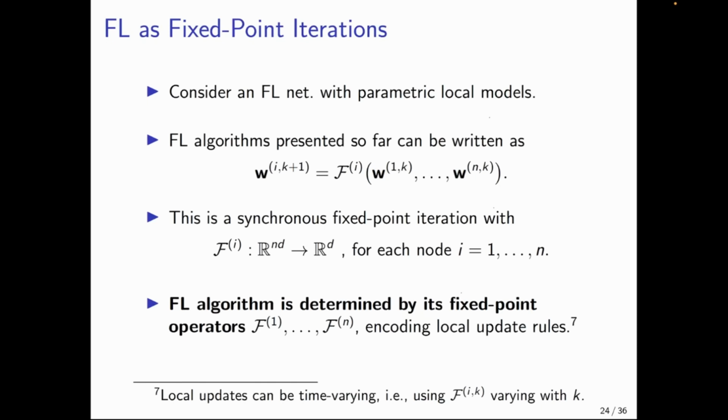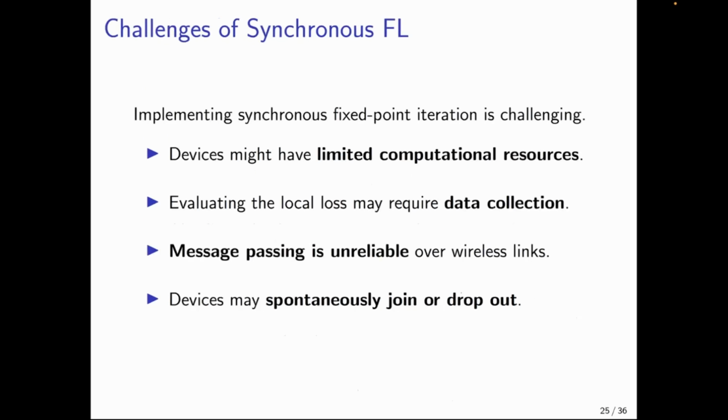This might not be possible if you have bandwidth constraints, or you might at some point have no connectivity or coverage if you use Bluetooth or a wireless link. For some reason, the wireless link is out of use, so you might have only outdated information. You might only have the local model parameter of one of your neighbors from the 10th previous iteration, but not the current one, because there has been no connection for 10 iterations.